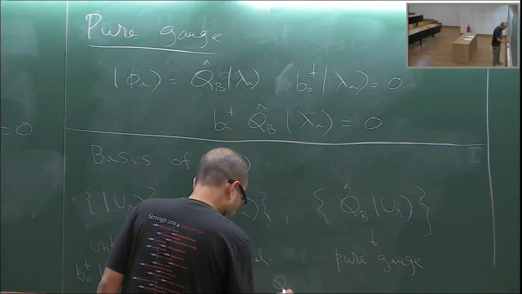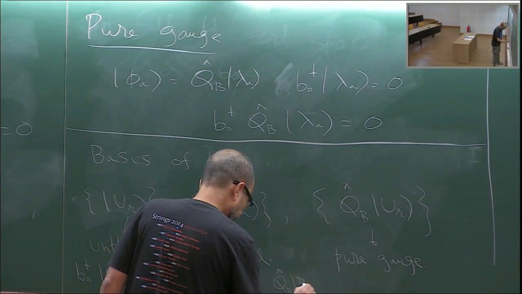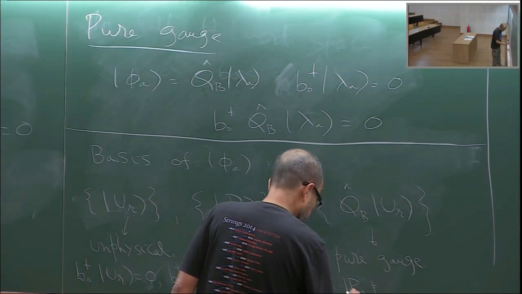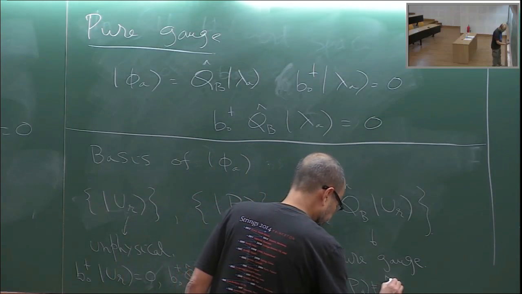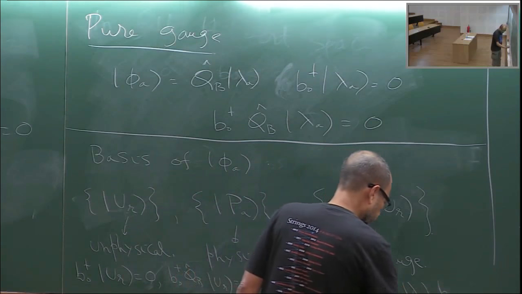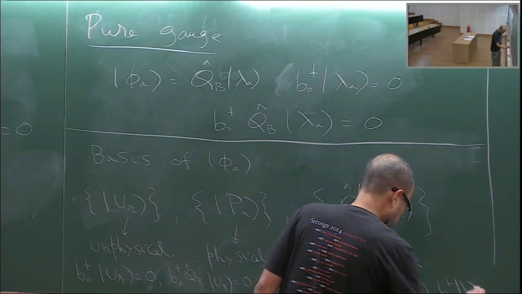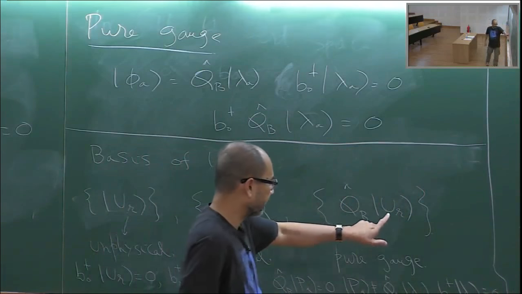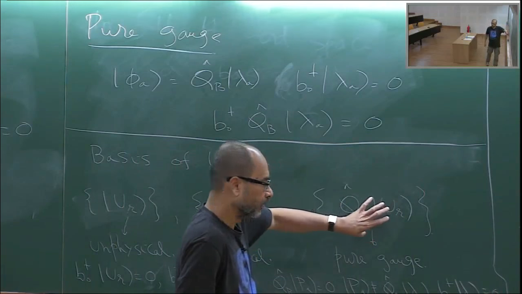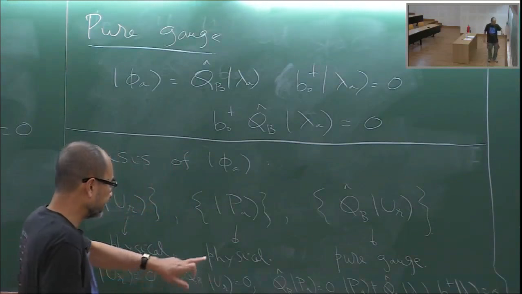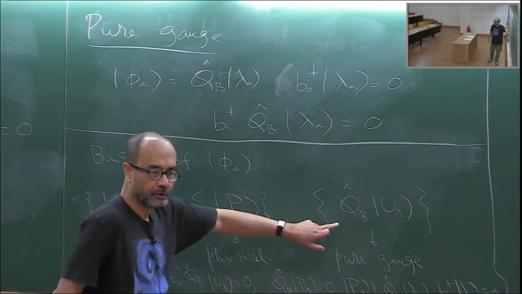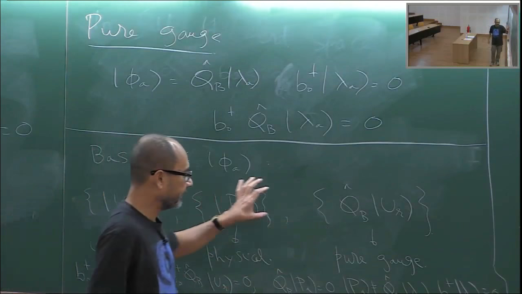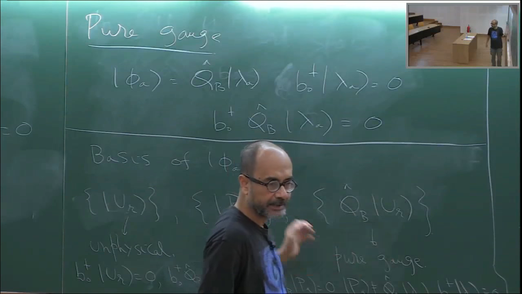Then QB hat PA equal to 0, and PA is not equal to QB hat lambda A with B naught plus lambda A equal to 0. No further condition, this is automatic. So given the UR and PA satisfying these conditions, this is the choice of basis. Phi A can be either UR or PA or QB hat UR, or any linear combination of these.